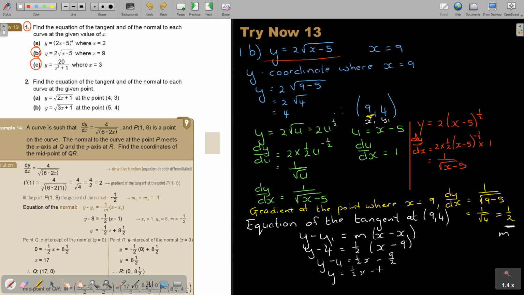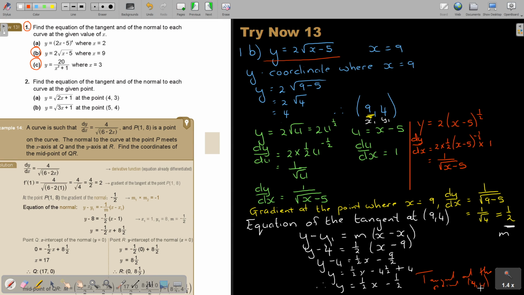So it's minus 4.5 plus 4. Can you see what is left? Therefore, y is equal to a half x minus a half. And that will be the tangent at the point 9, 4. Remember, it's just at that point to the curve.